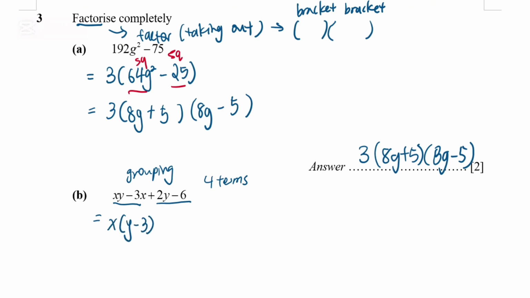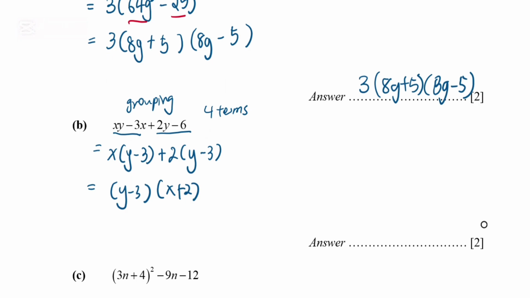So if I take out the common factor between the first 2 terms, it is x, and the common factor between the last 2 terms is 2. And just nice, between the front and back, there is a common factor y minus 3, which leaves me with x plus 2 times y minus 3. And then that will be y minus 3 times x plus 2 as my brackets.